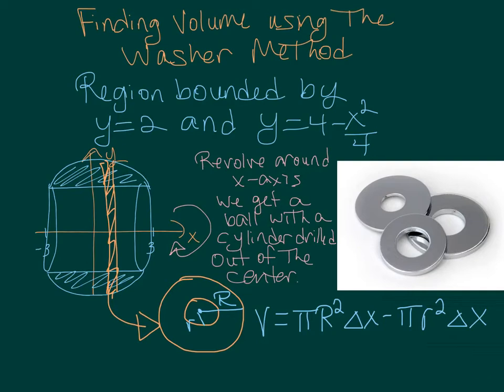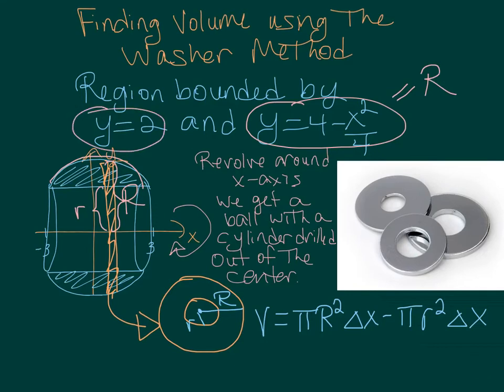So before we write all of that down, let's take a look at this diagram and notice that the big R is the y value for the upside down parabola, and the little r is the y value for the horizontal line.